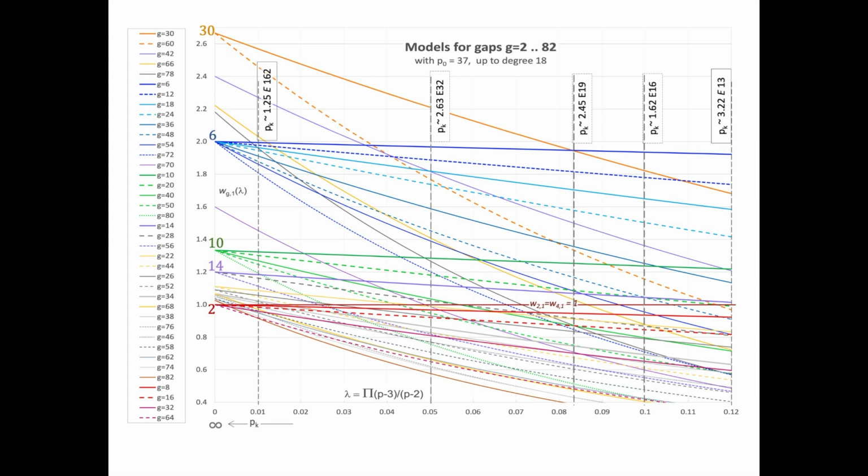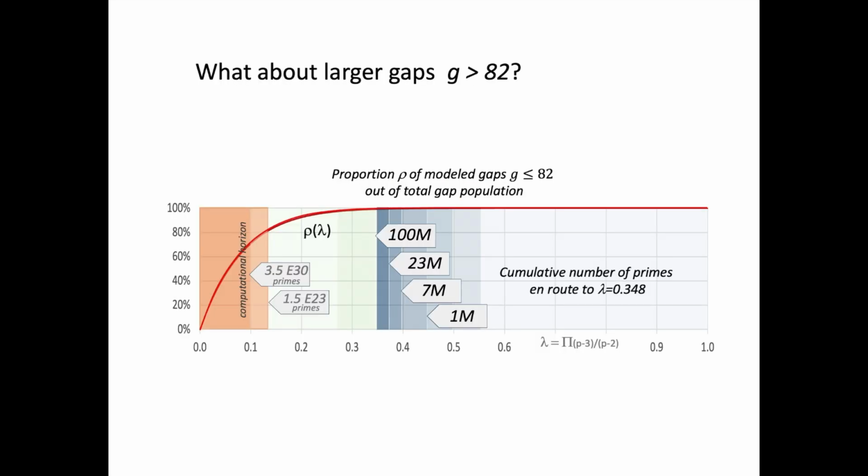Anything we study before that, 30 is not represented the way it will be eventually. And then that system parameter doesn't get down to 0.05 until 2 times 10 to the 32 for the prime. And the system parameter lambda does not get down to 0.01 until we are working with 163-digit primes.